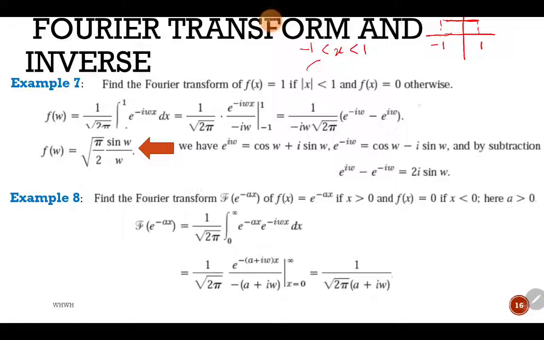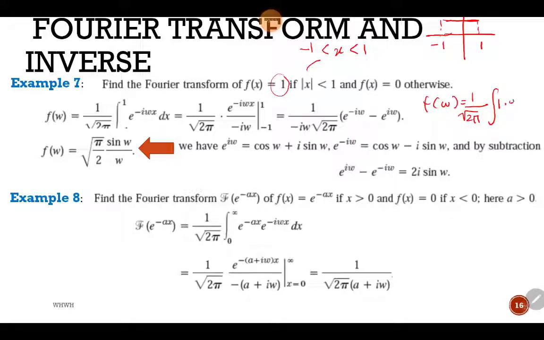Okay, F omega is 1 over square root of 2 pi, the integration of fx. What is our fx here? Our fx here is 1, and this is the formula Fourier transform yang memang termaktub lah, macam formula untuk Laplace transform.